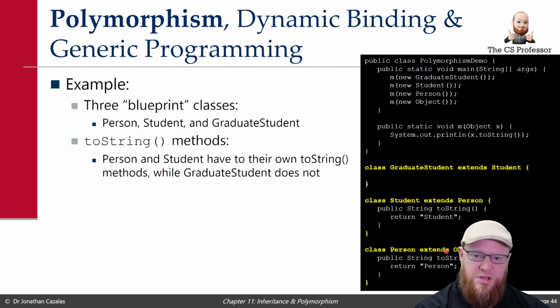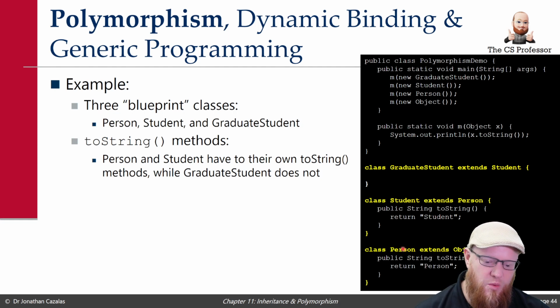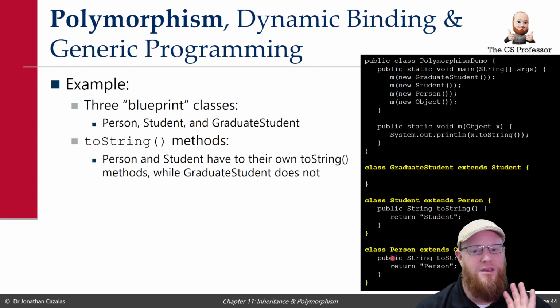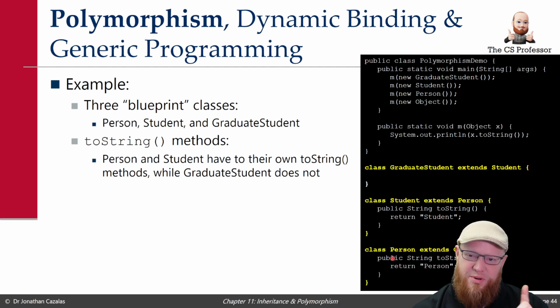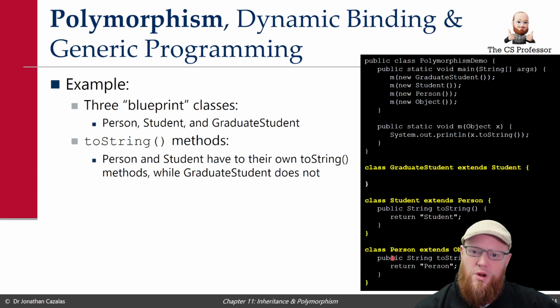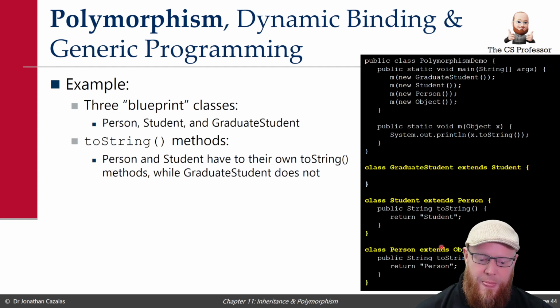So, of course, person, since it is extending the object class, is inheriting that trash public toString method that comes from object, right? But immediately what did person do? It said, yeah, thank you so much, object, appreciate you, but yeah, that method's trash. We're going to get rid of that one, and instead, we're going to make our own toString method here inside the person class.